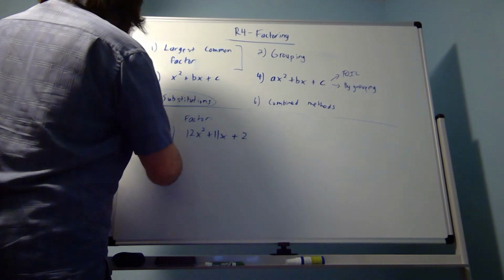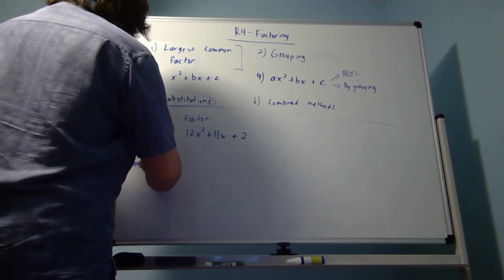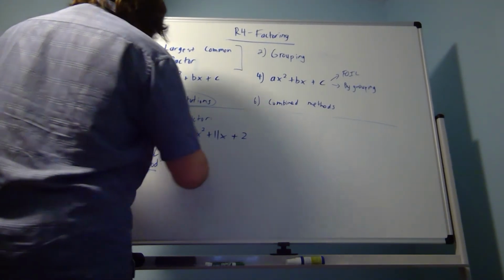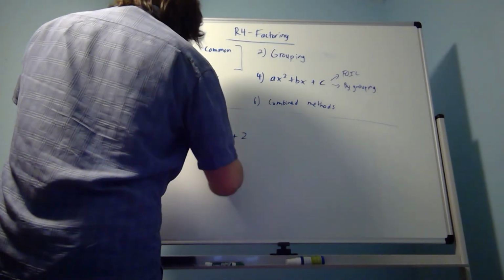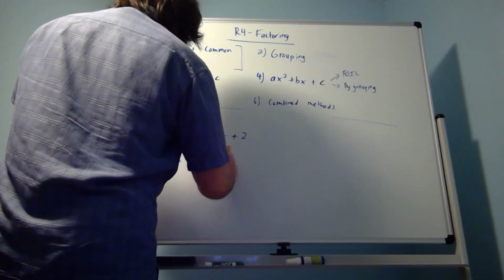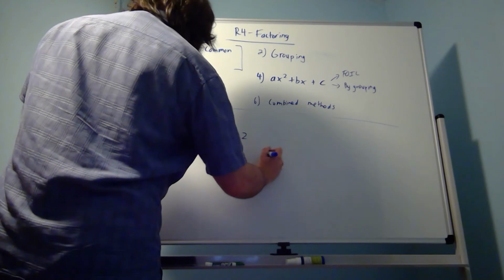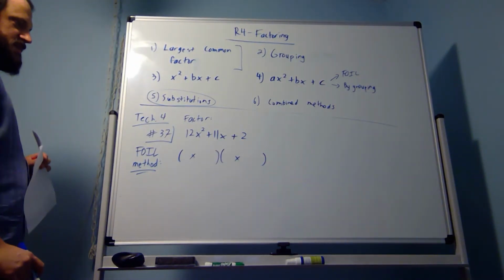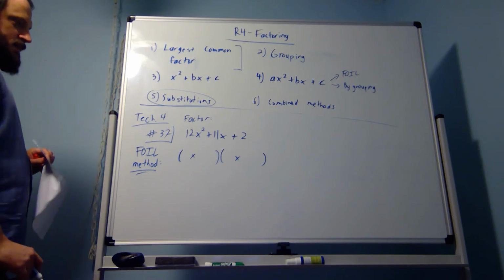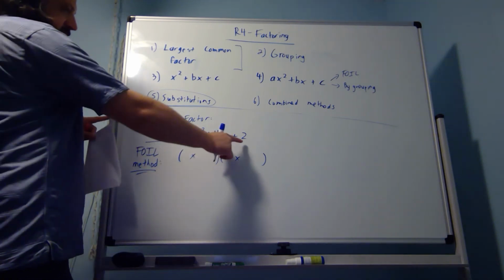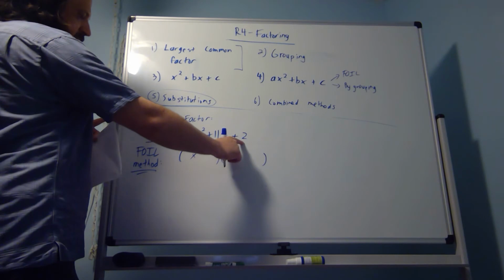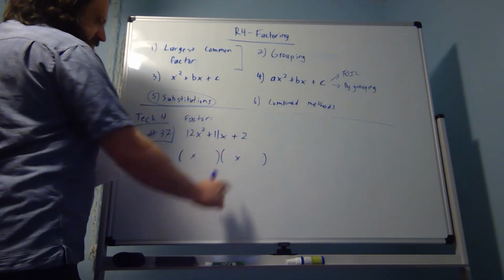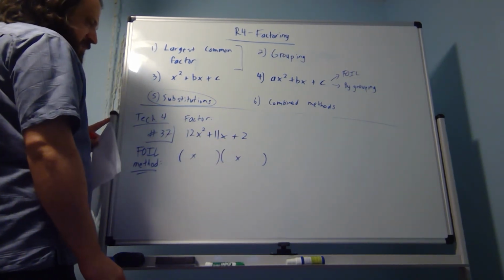So the book calls this the FOIL method, which is basically you have some amount of x's, and then you have another, plus or minus something, and then you have some amount of x's plus or minus another thing. The first thing you might want to look at is the constant. So that means that the constants have to either be both positive or both negative.